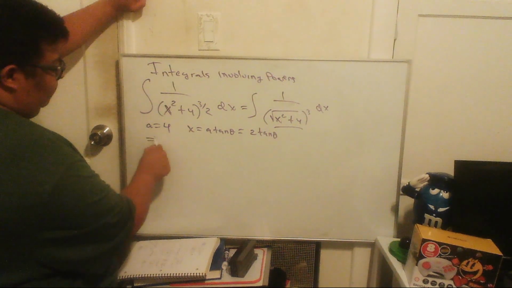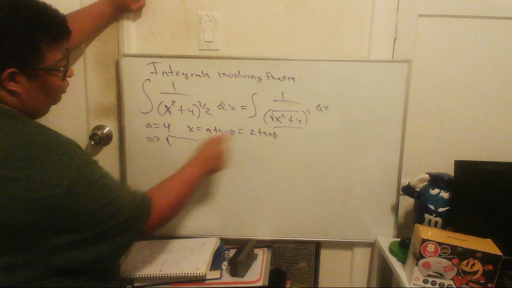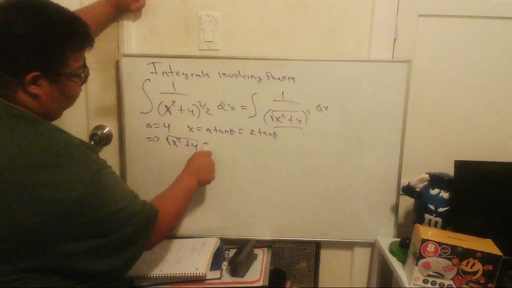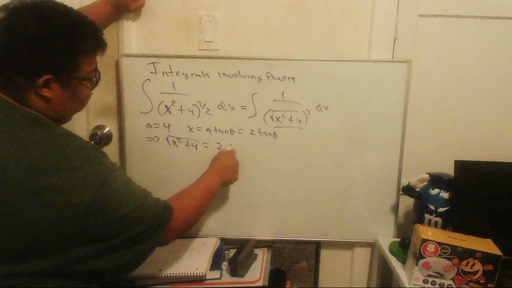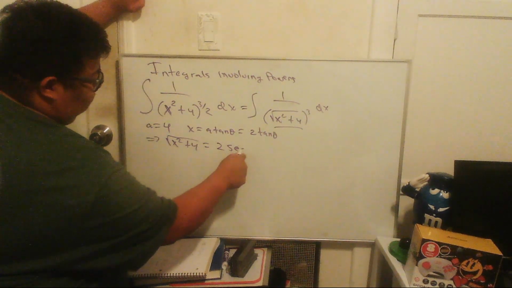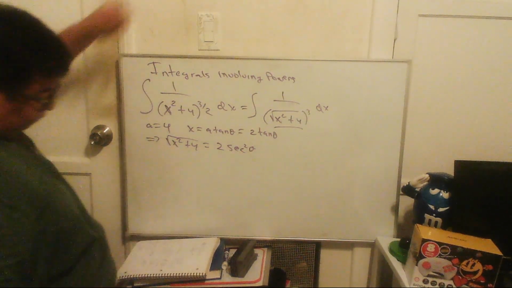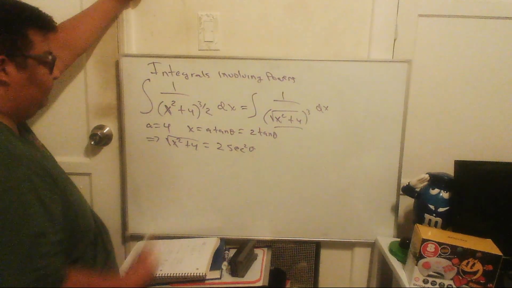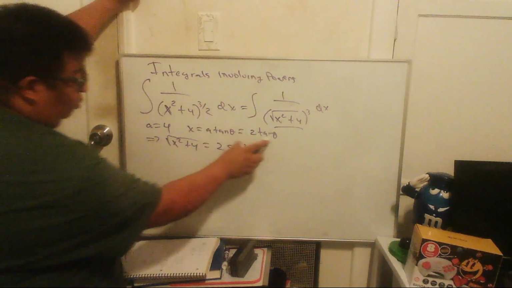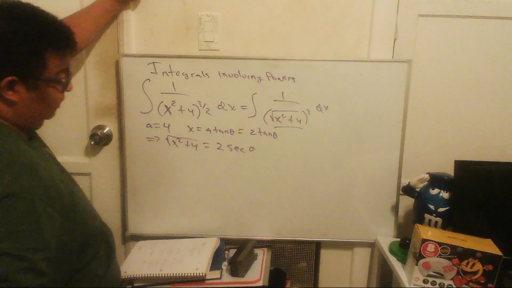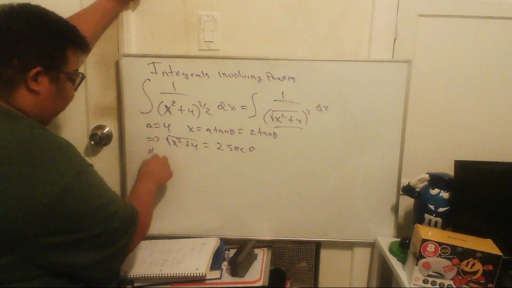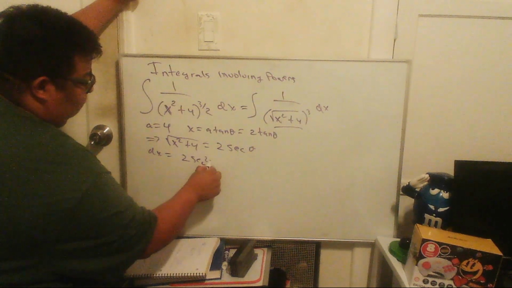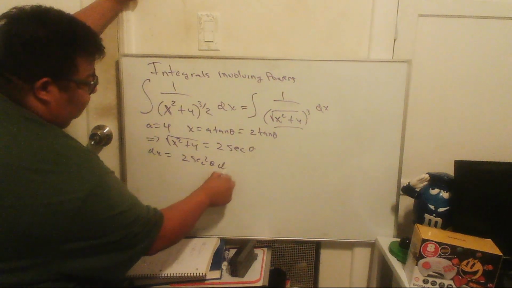And from this, if you do the calculation, you're gonna get that x squared plus 4 is equal to 2 secant squared theta, and then of course the radical is 2 secant theta. And then dx is gonna be equal to 2 secant squared theta d theta.